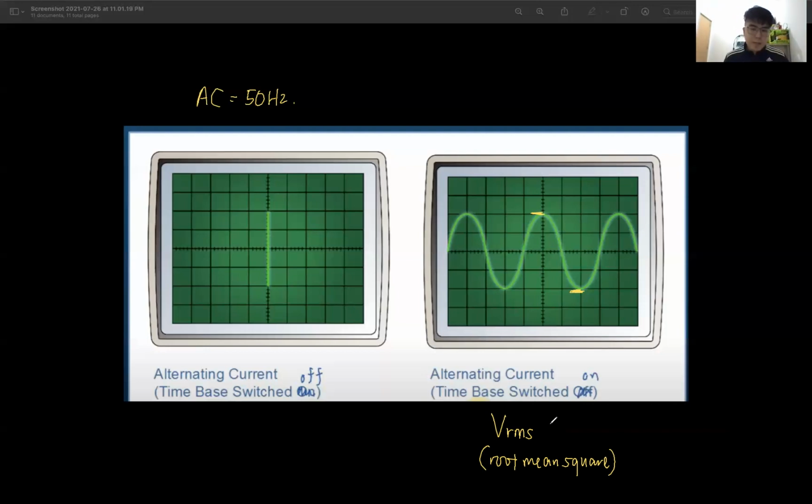Okay, root mean square 是等于 我们拿 peak voltage VP. VP is the peak voltage divided by square root 2. This is the formula. Okay, you need to remember this.